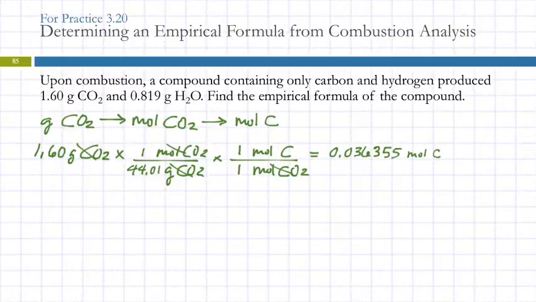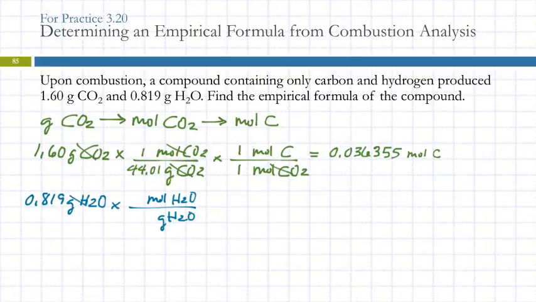Now I'm going to do a similar process for the water to find moles of hydrogen. So I've got 0.819 grams of water. I'm going to convert that to moles of water, dividing by grams of water. And then moles of hydrogen, dividing by moles of H2O.